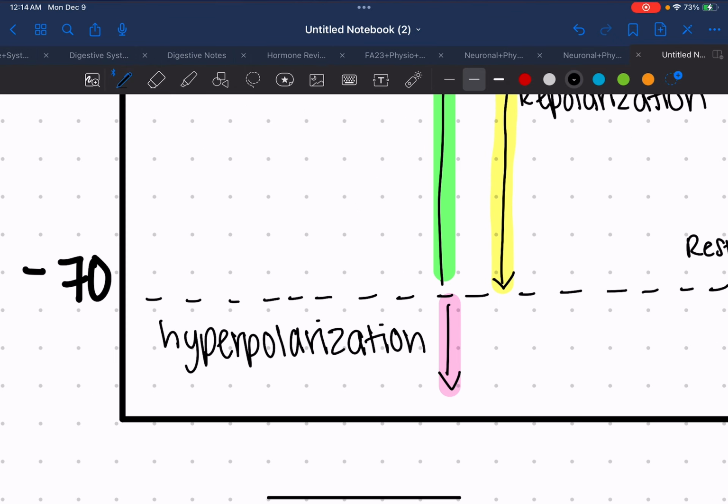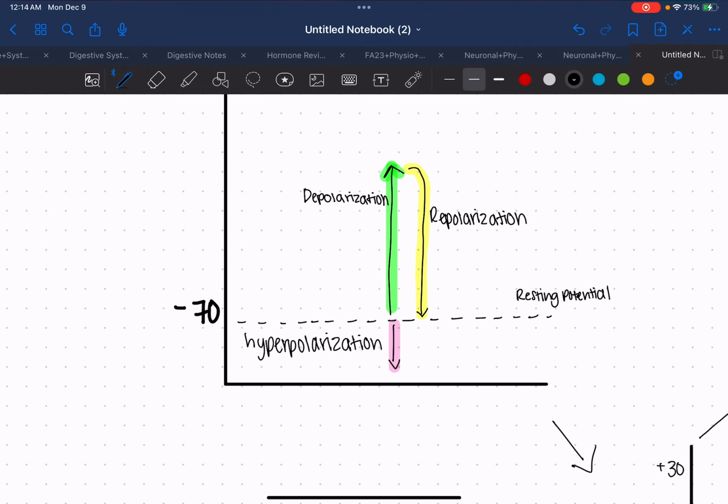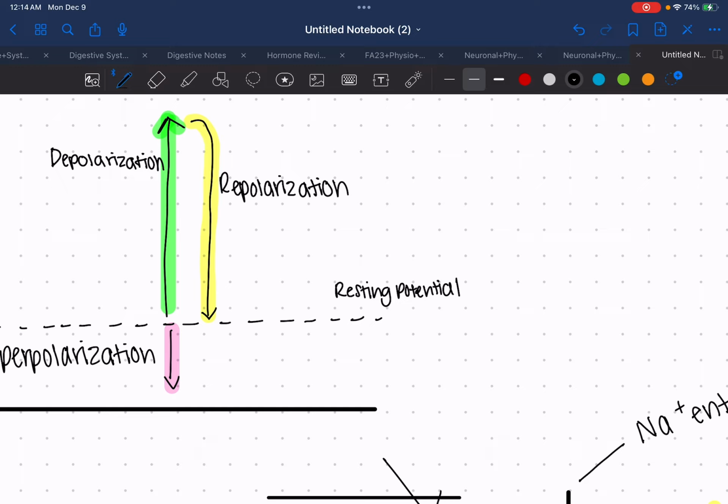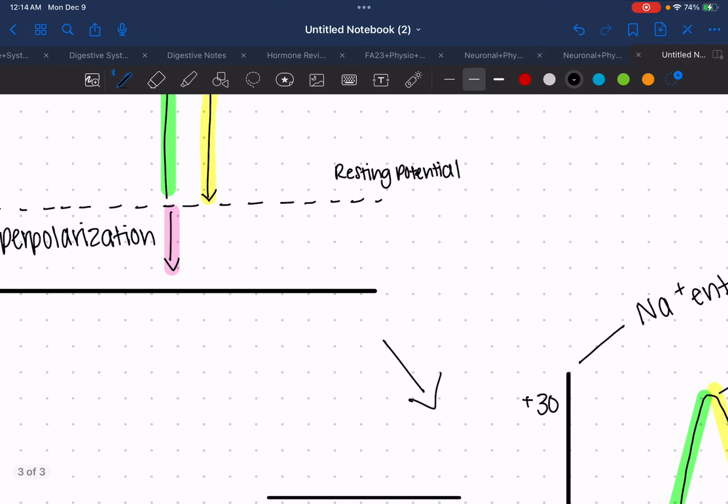At hyperpolarization, the cell briefly becomes more negative than the resting potential due to the slowness of the K+ channels closing. Returning to the resting potential, the sodium-potassium pump and ion leak channels restore the resting membrane potential over time, and the process resets the cell, readying it for the next stimulus.